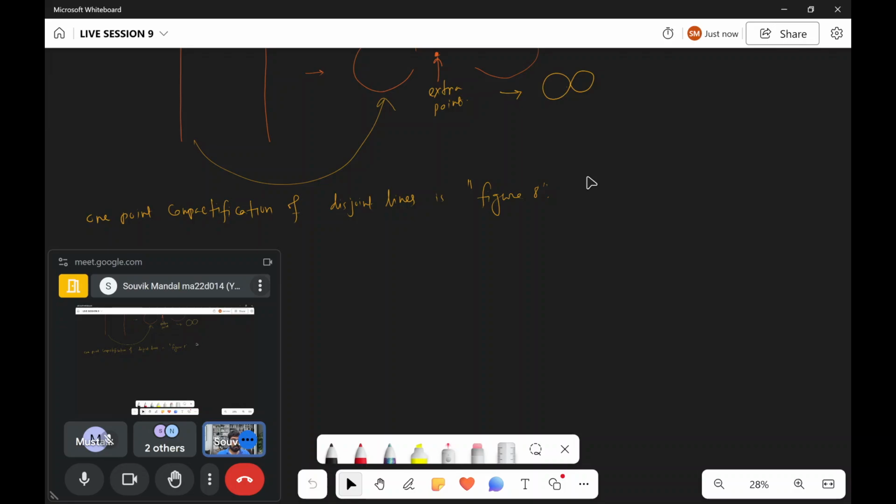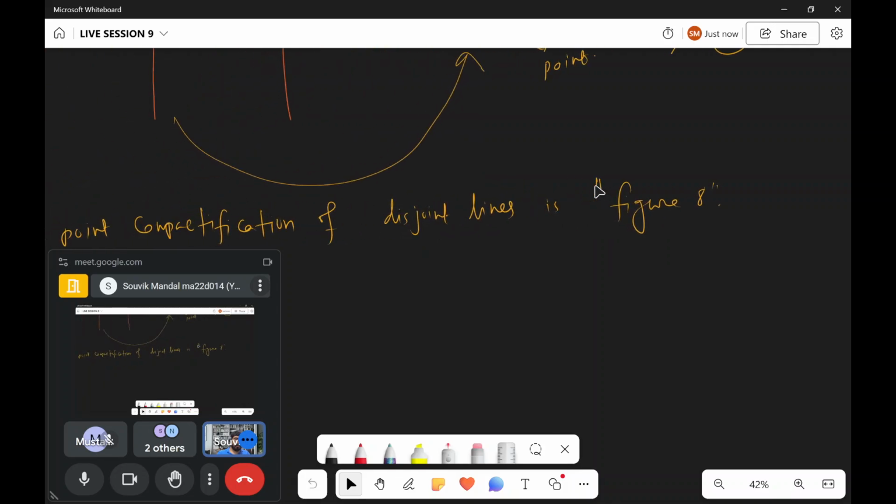So this is the argument. Basically, we need to cleverly adjust one point to make the whole space compact. That is the main motivation behind the one point compactification. So that's it.